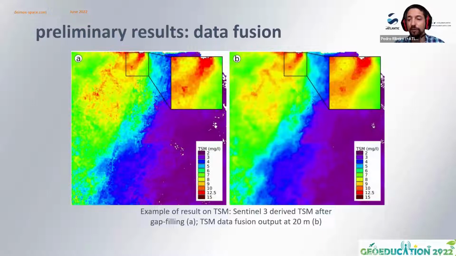So I'm not going to go into details of the process here, but the idea is that we're coming out with a different implementation to adapt this algorithm that was originally developed for land application to marine applications.